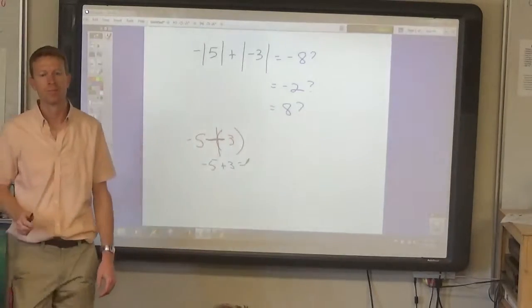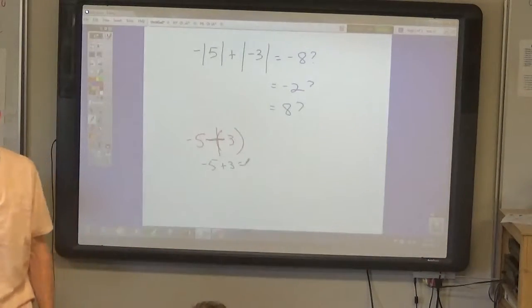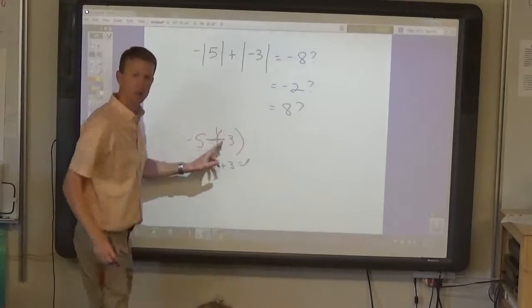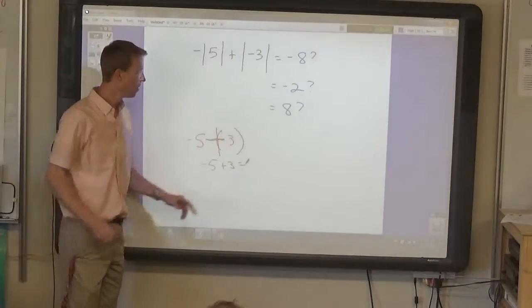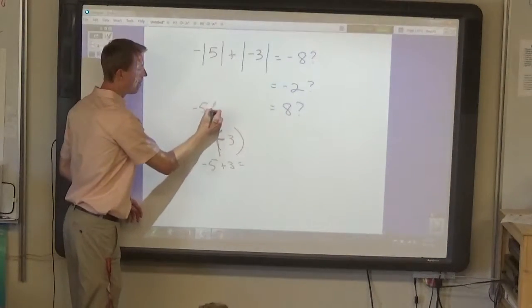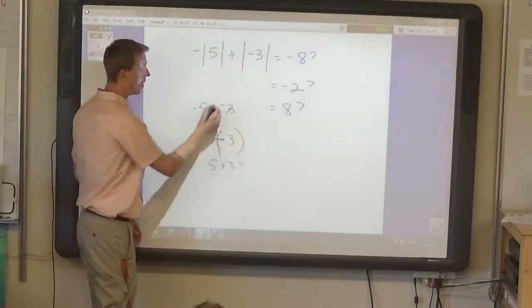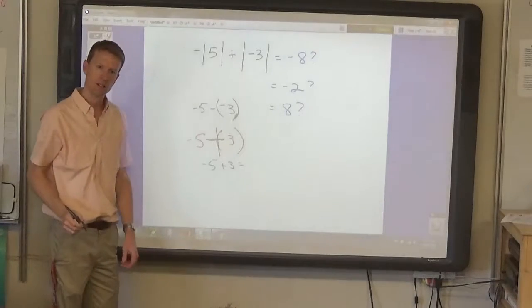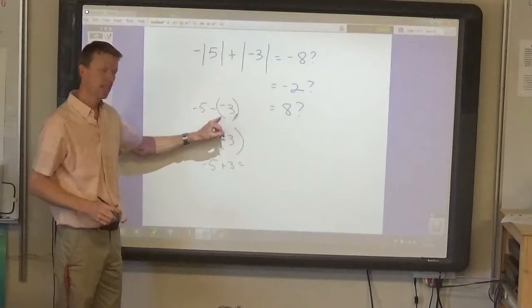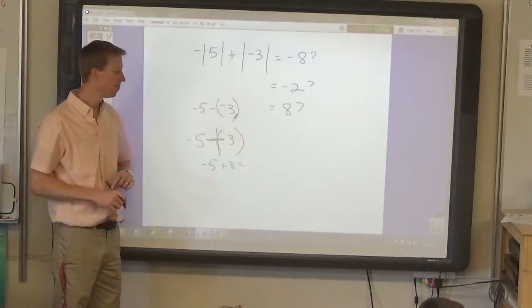What do the parentheses do? They're separating the two minus signs. So -5 minus -3 could be written that way, or it could be written this way. They're just separating the minus signs in this case. Okay?